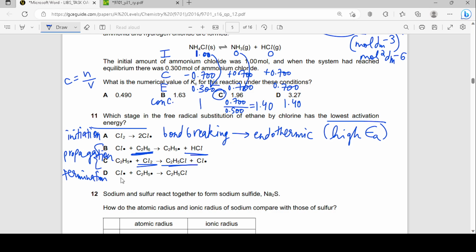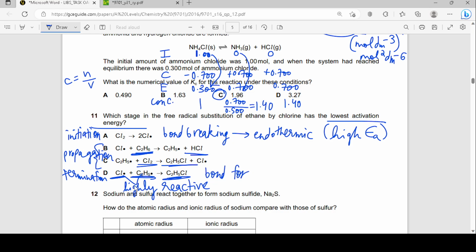And why is that? It's because there are two free radicals reacting, and free radical species are highly reactive. They have one unpaired electron, and so they are very, very reactive because of that. And again, there's only bond formation taking place here.